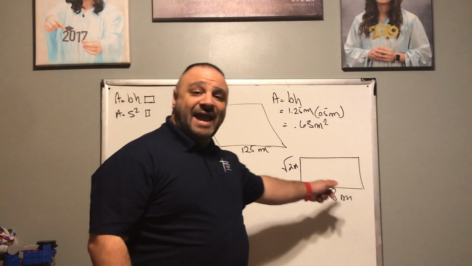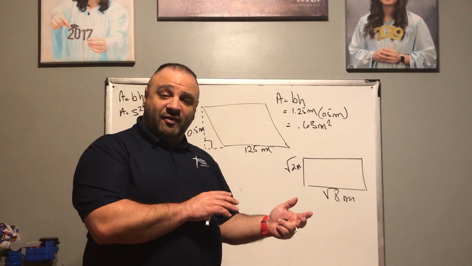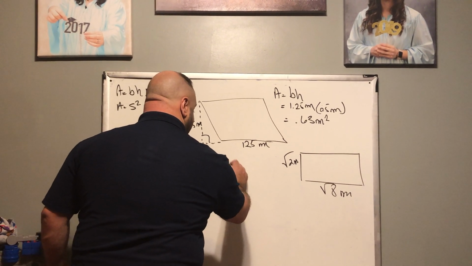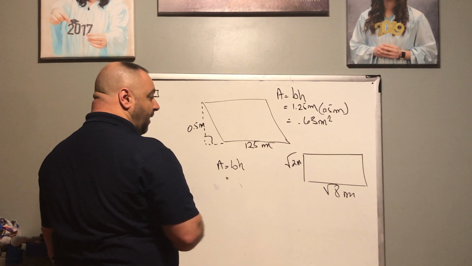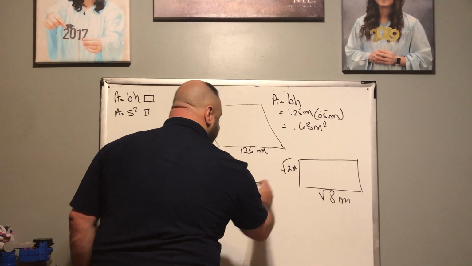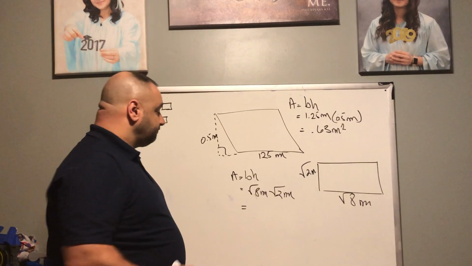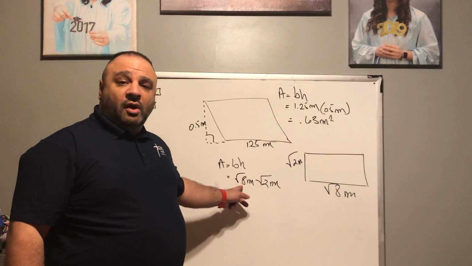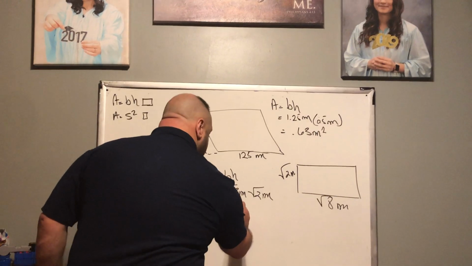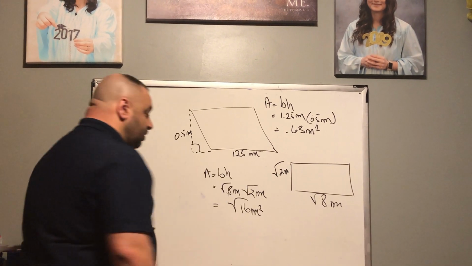Now let's jump down here. Now we have a rectangle. Since the area of a parallelogram is the same formula as the area of a rectangle, we're going to go area equals base times height. Area equals, the base is the square root of 8 meters times the square root of 2 meters. Since we can multiply these numbers inside the radical, 8 times 2 is 16 meters squared.